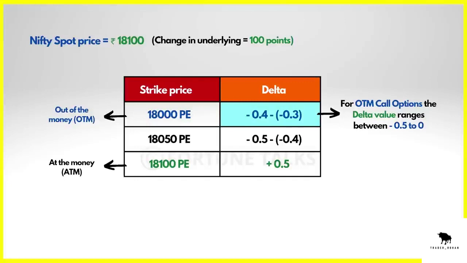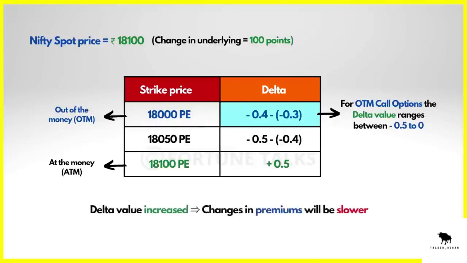Since the delta range of out-of-the-money options is between 0 and minus 0.5, in this scenario the delta will vary between minus 0.3 and minus 0.4, which will in turn mean that the speed of the strike price premium changes will be slower than before.